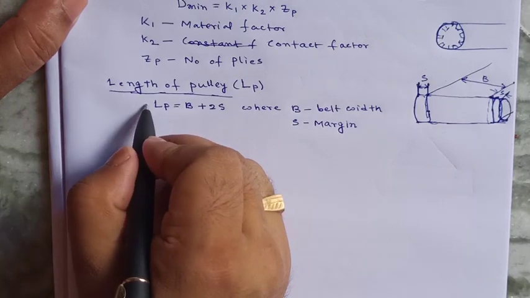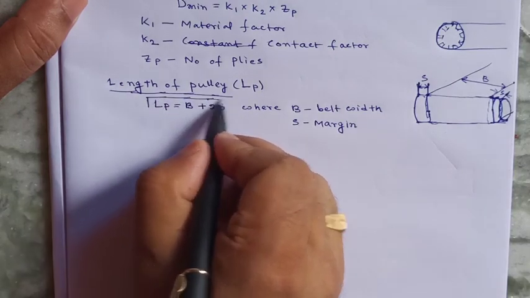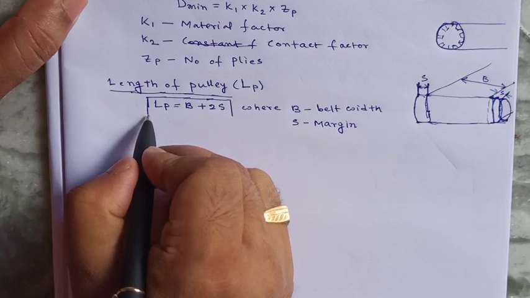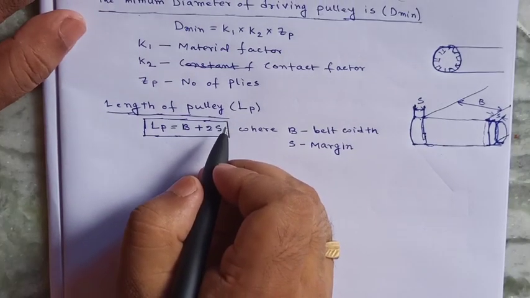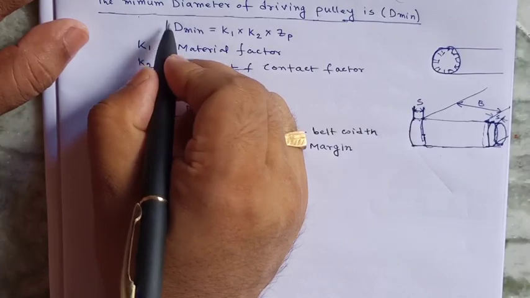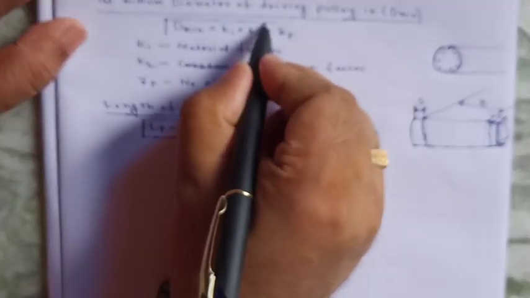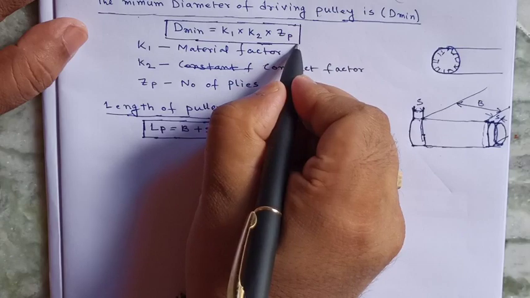So this is the formula for length of the pulley, and this is the formula for minimum pulley diameter.